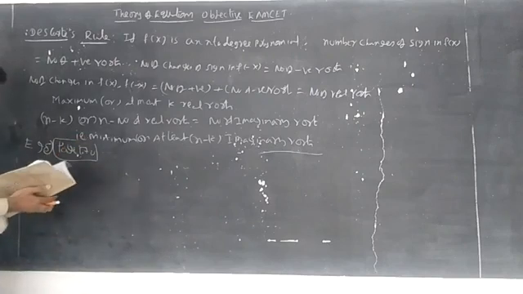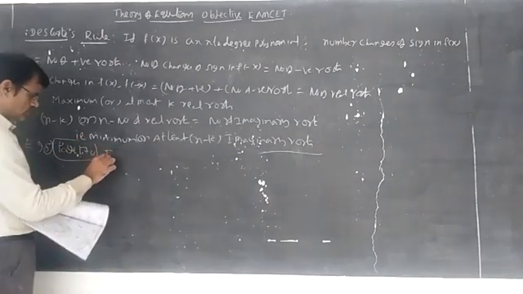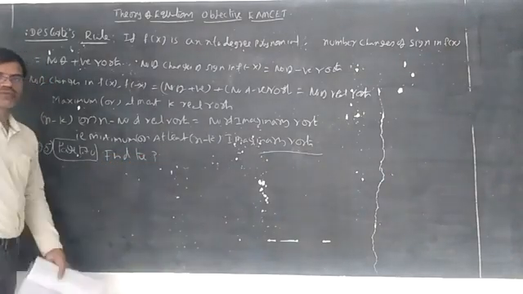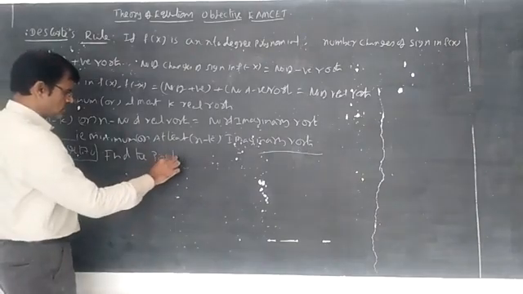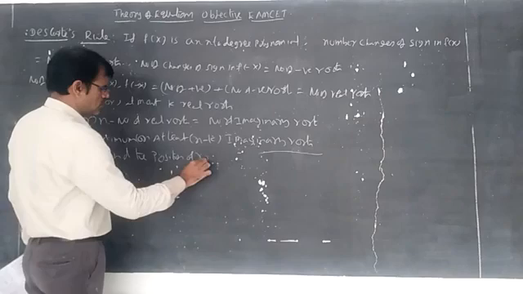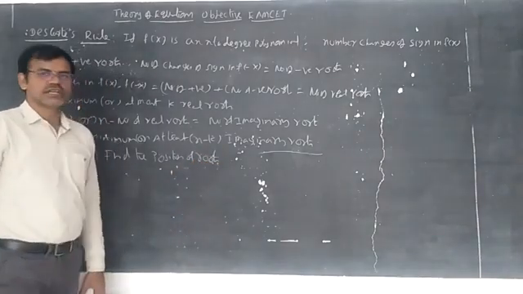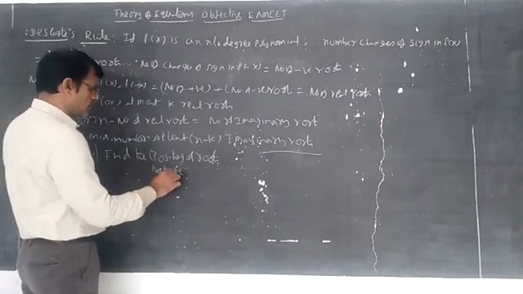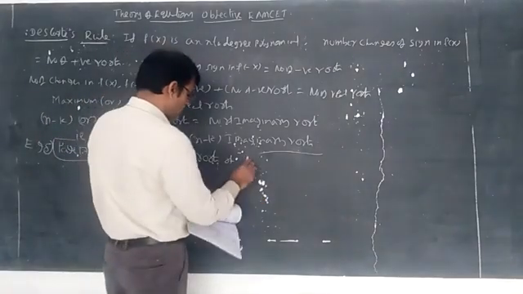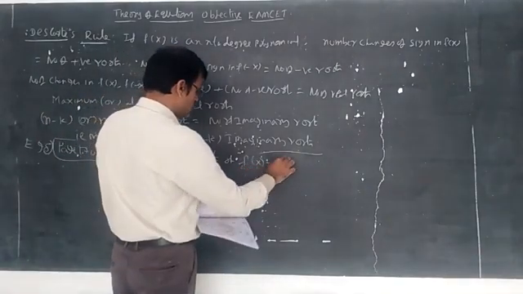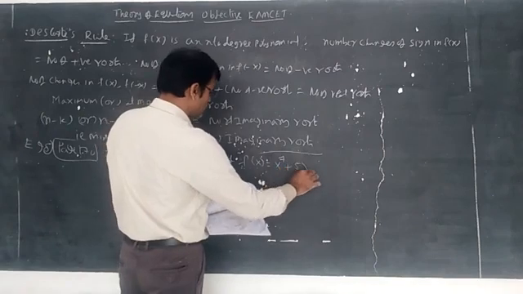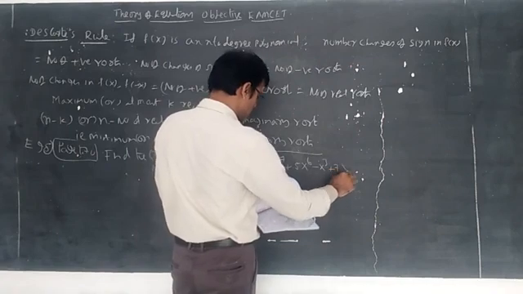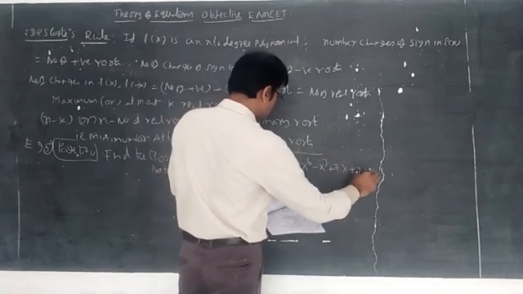Find the nature of roots, whether positive or negative, of f of x equal to x power 7 plus 5x power 6 minus x cube plus 7x plus 2 equal to 0.